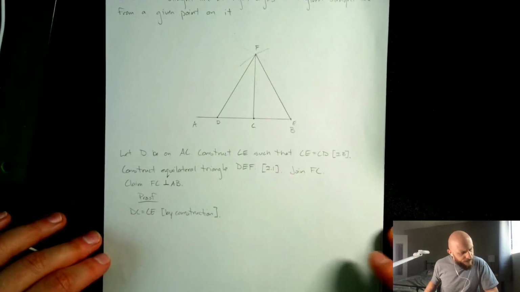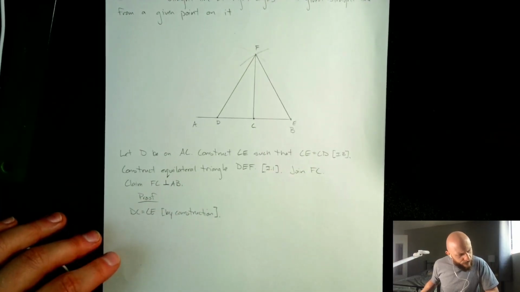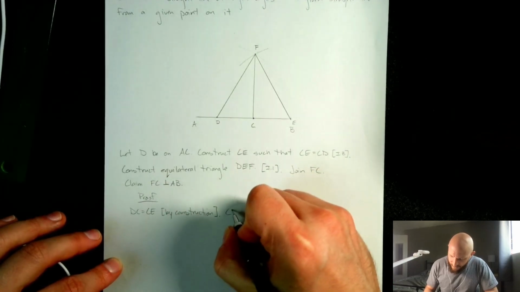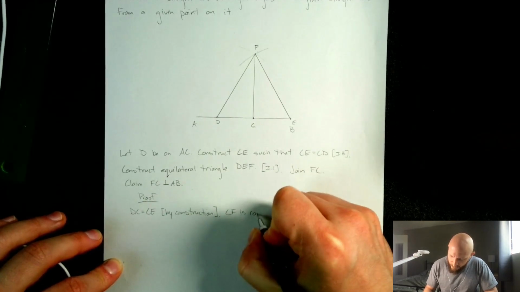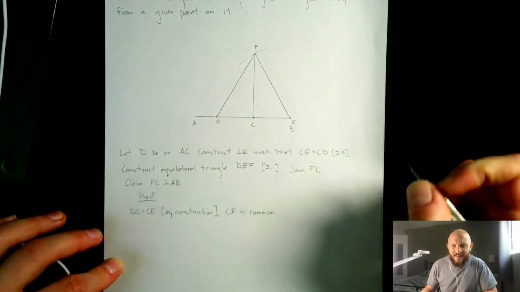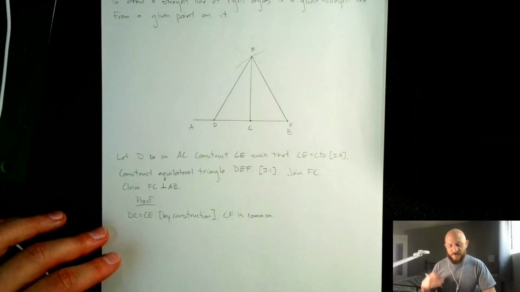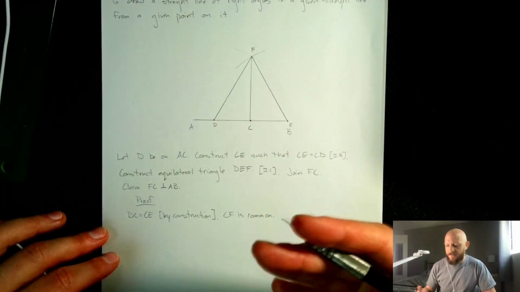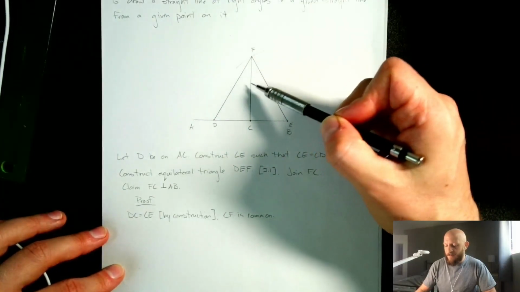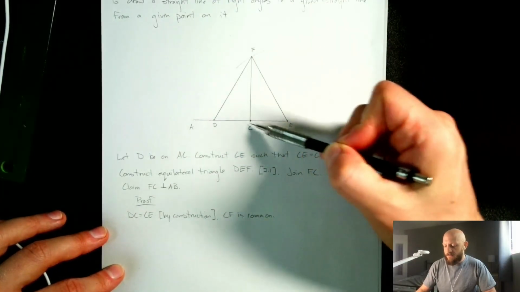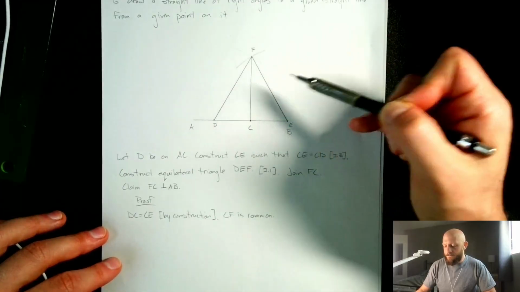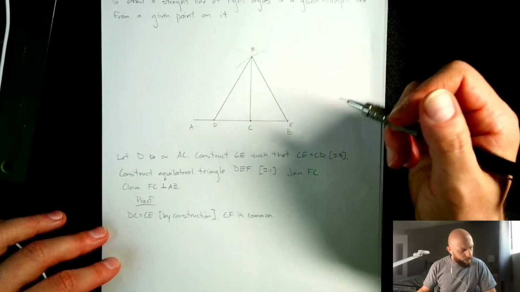DC equals CE. And CF is common. Whenever we say that CF is common, you can bet that we're going to be looking at two different triangles, and thinking ahead, probably where we're going is that we're going to prove that these triangles are congruent. That's just my guess.